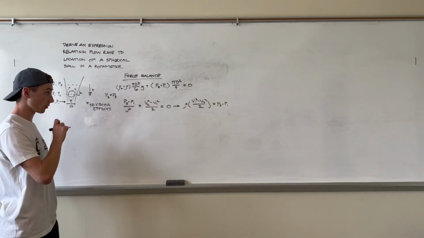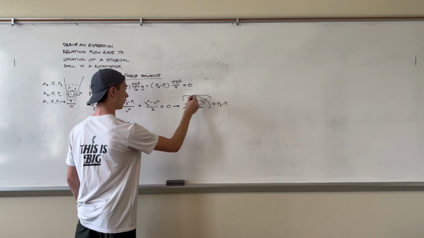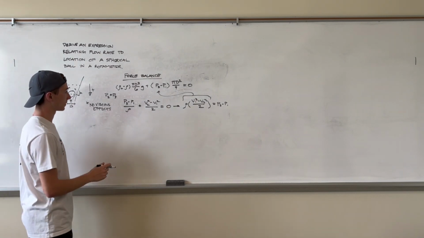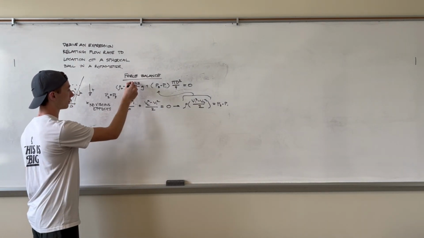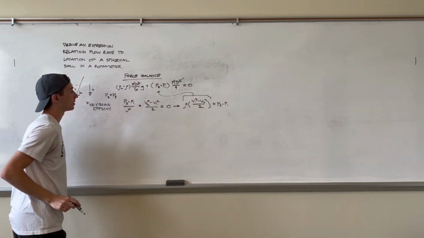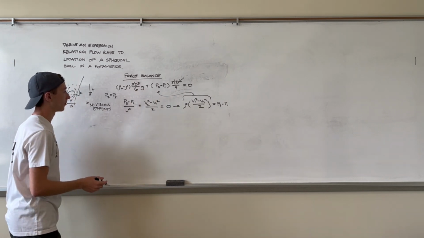Okay, so what we can do is plug this back into here and simplify our equation. Right away we can already see that these pi's are going to cancel out. D squared is going to take out D squared there, and we will be able to simplify the 6 and the 4. So let's go ahead and do that.